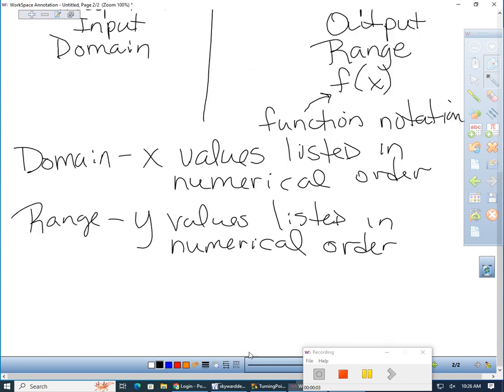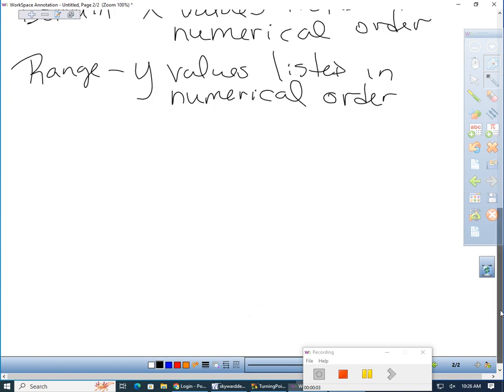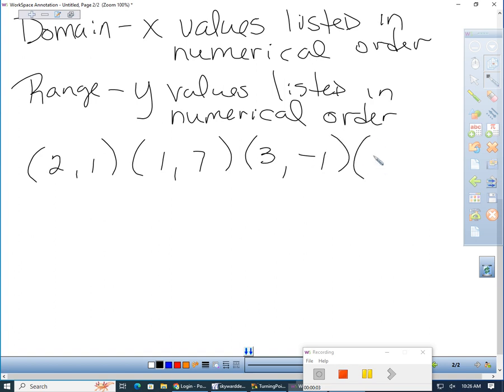So, for example, I'm going to move this up for a little bit here. All right. If you had a list of points, so let's say I have the points (2, 1), (1, 7), (3, -1), and (-1, 4). Okay, I have 4 points up there.